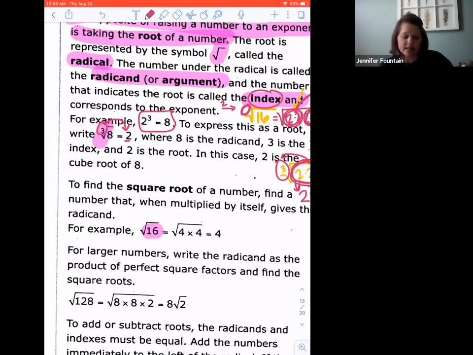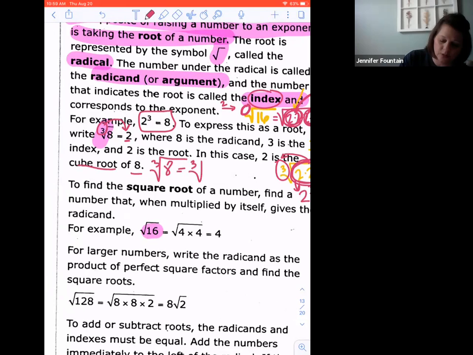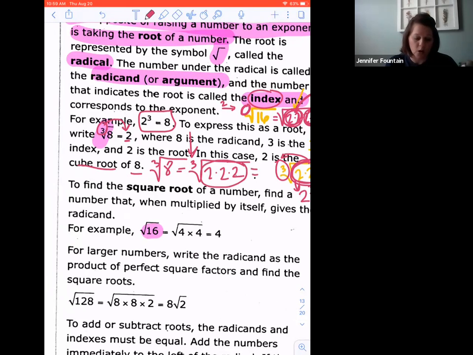In this case, 2 is the cube root of 8, because again, the cube root of 8 is equal to 2 times 2 times 2. Because my index is 3, I have to have 3 of the same number for my whole number to come out as a 2. Okay?